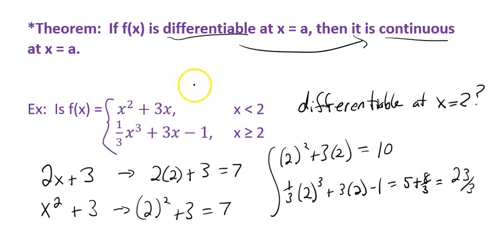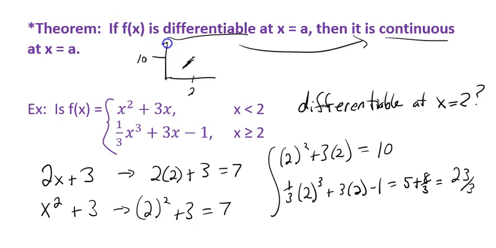It's coming in at 2 on one side with a slope of 7 and it hits a y value of 10.